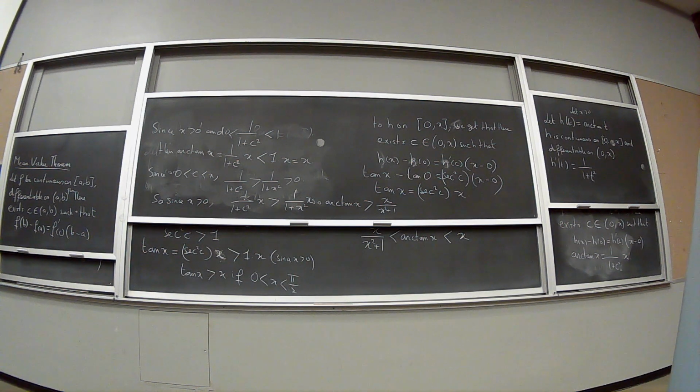Are we good here? It's a bit tough, but the key is to practice. Yes, sir. Interval 0 to x, so they can apply the mean value theorem. Exactly. So sometimes it may vary depending on the function, so there should be intervals that you can apply the mean value theorem to.